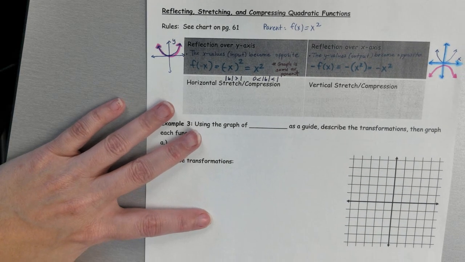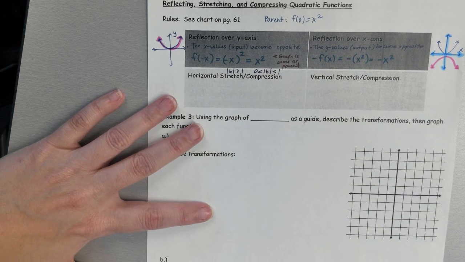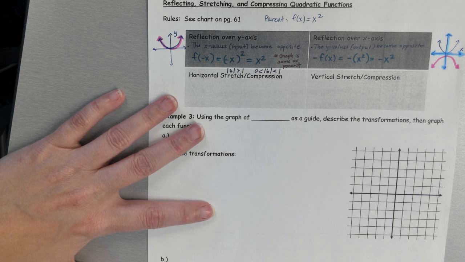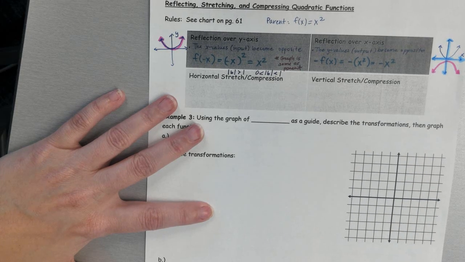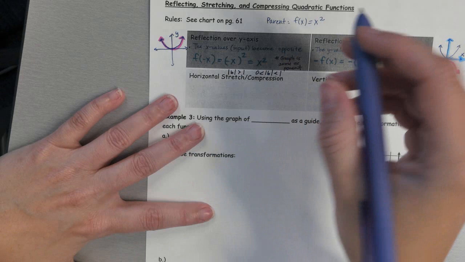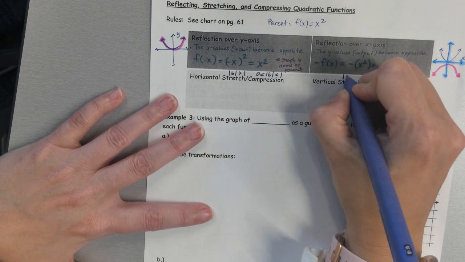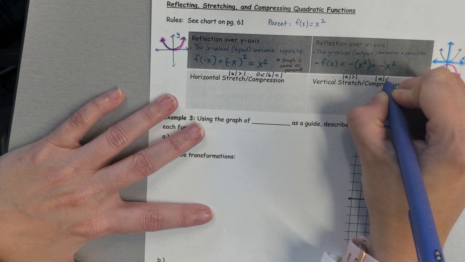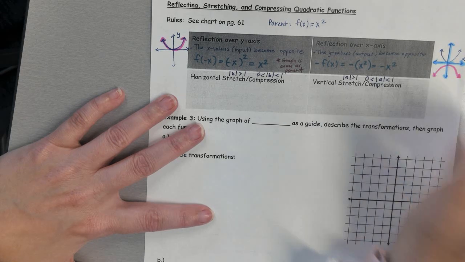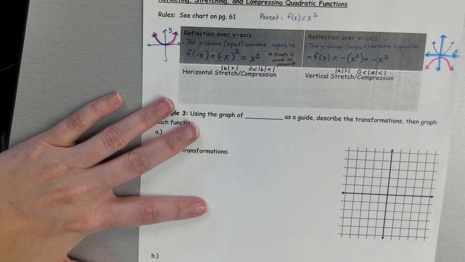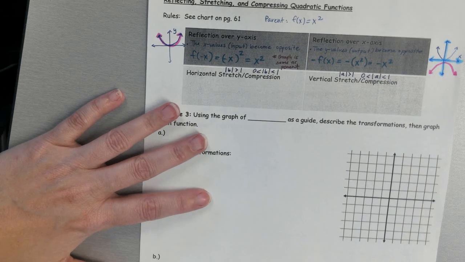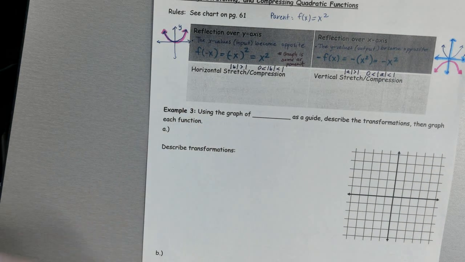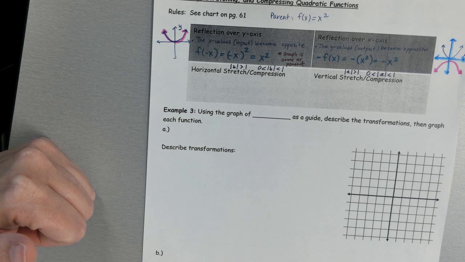So that's the absolute value symbol. And then same thing with vertical, except we use a. So if the absolute value of a is greater than 1, it's a stretch. If the absolute value of a is between 0 and 1, it's a compression. But the rule is the same. It stays the same for horizontal, it stays the same for vertical.